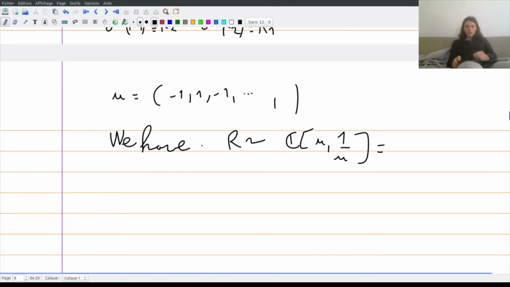And in fact, we can see that the inverse is itself. So in fact, it's just C of U. So you don't have to add the inverse.